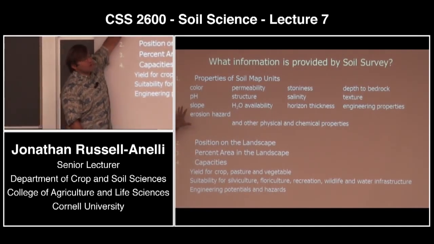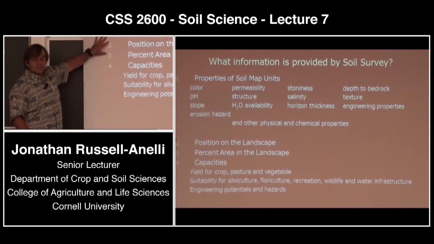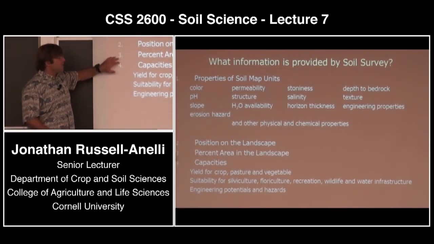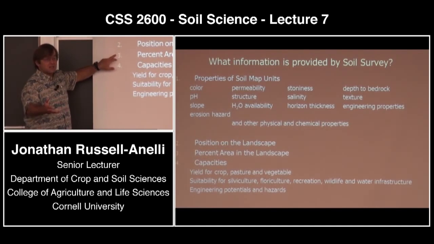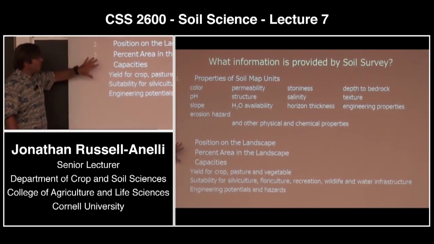Okay, so we've got the properties of the soil map units. We have their position in the landscape. Okay, we also can tell you what percentage of the landscape that individual occupies. And then, because we have these measured characteristics, we can make interpretations.